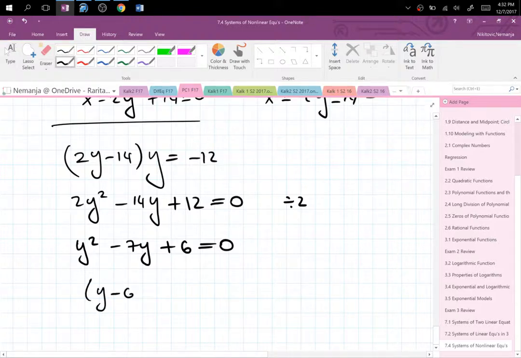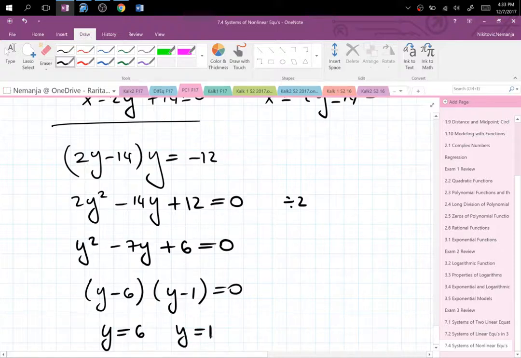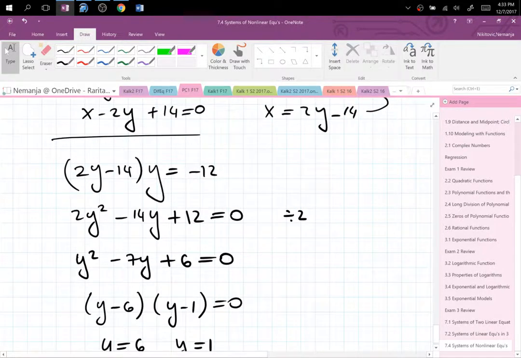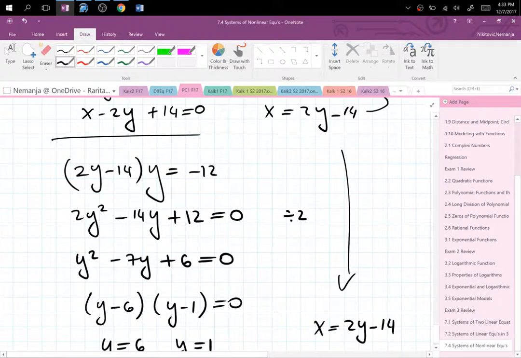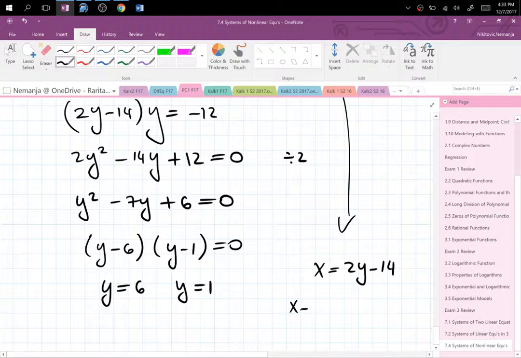Now you can easily factor this. So this is y minus 6, y minus 1 equals 0. y is 6. y is 1. So now we have the equation x equals 2y minus 14. x equals 2 times 6 minus 14, which is negative 2.